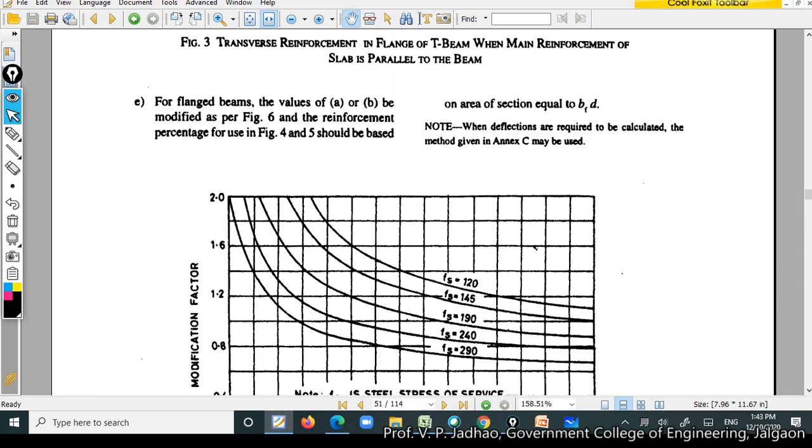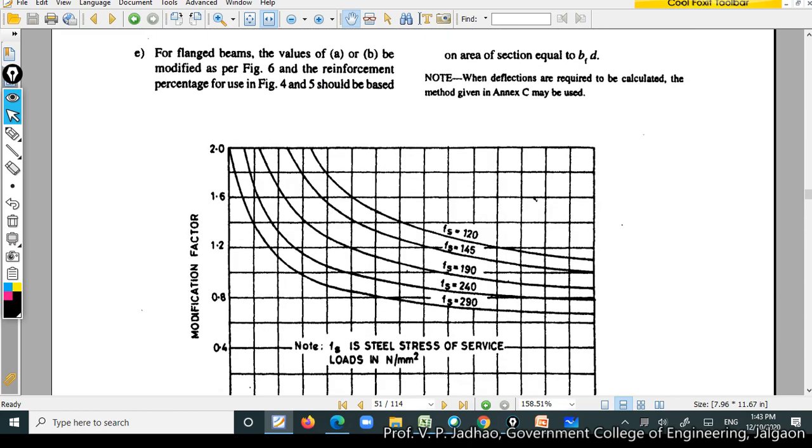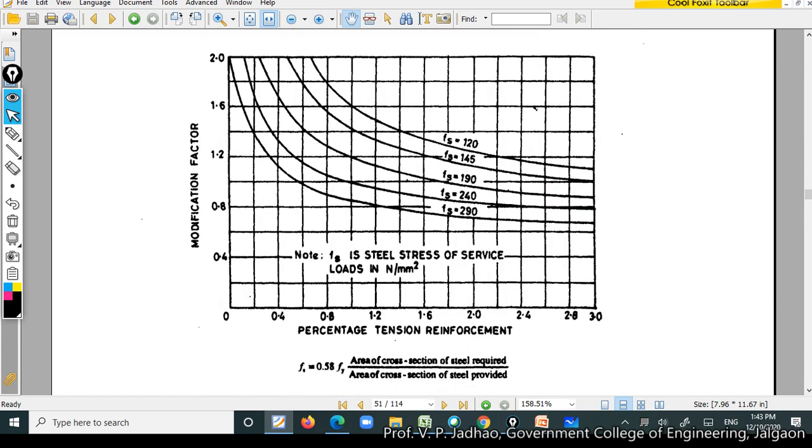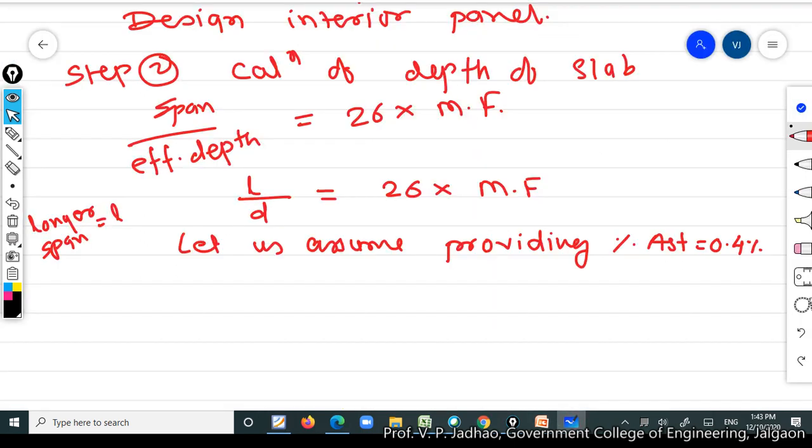Okay, as per page number 38, this figure is given here, and how to calculate this multiplication factor, how to calculate the value of this multiplication factor.